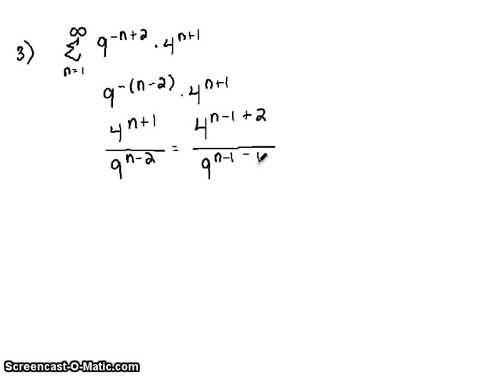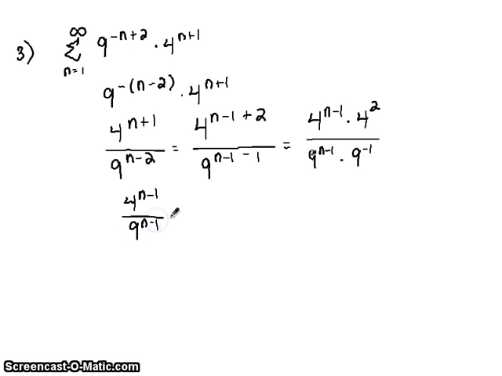Then we can play around with our exponents a little bit. We can say 4 to the n minus 1 power times 4 squared over 9 to the n minus 1 power times 9 to the negative first. So we can now rewrite this as 4 to the n minus 1 over 9 to the n minus 1 times 4 squared times 9, right?